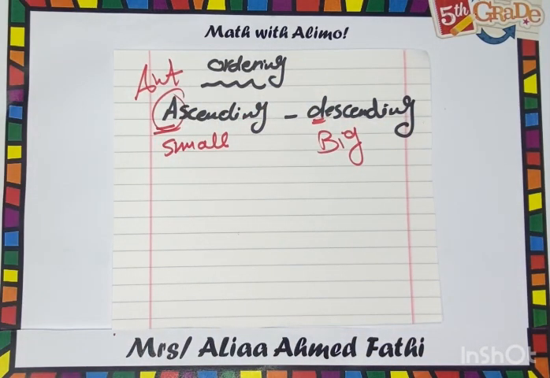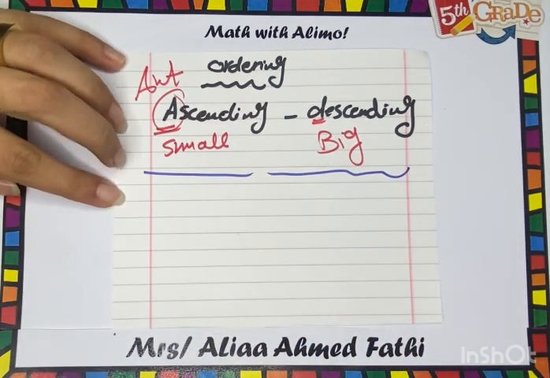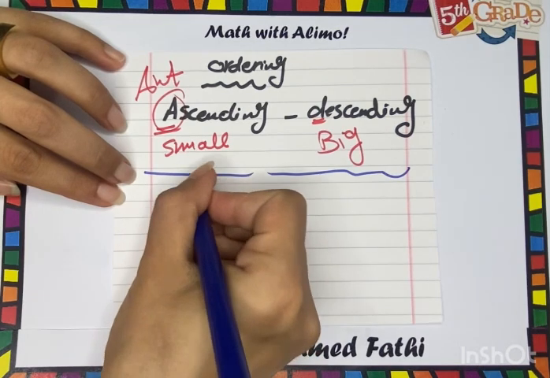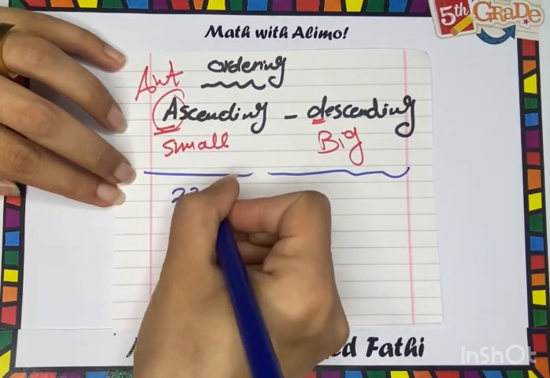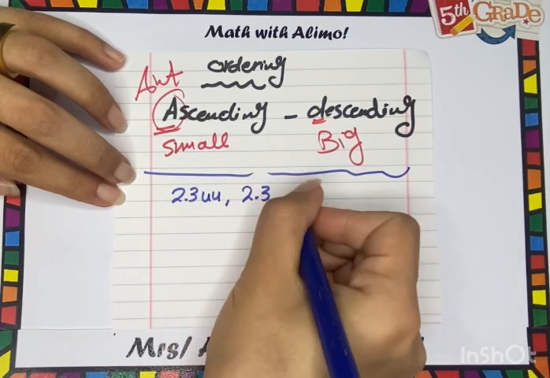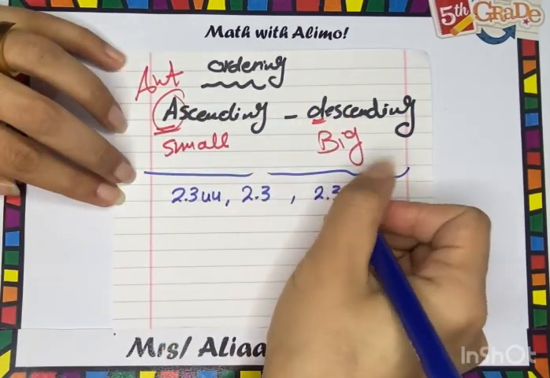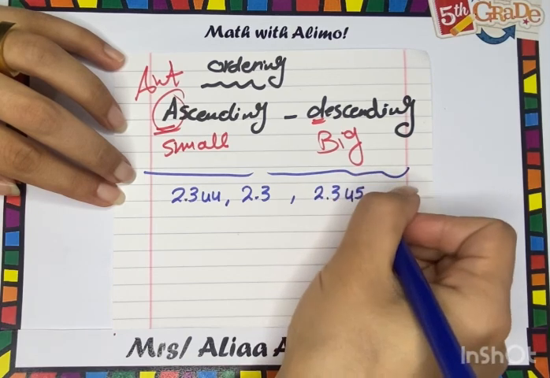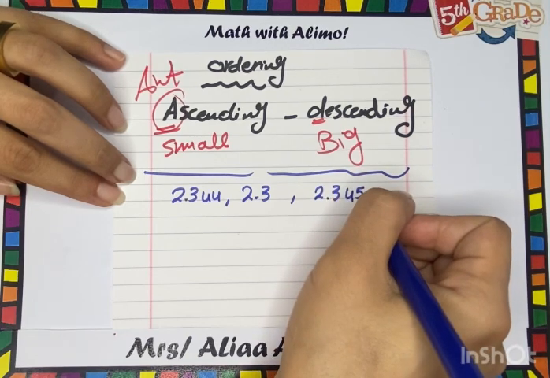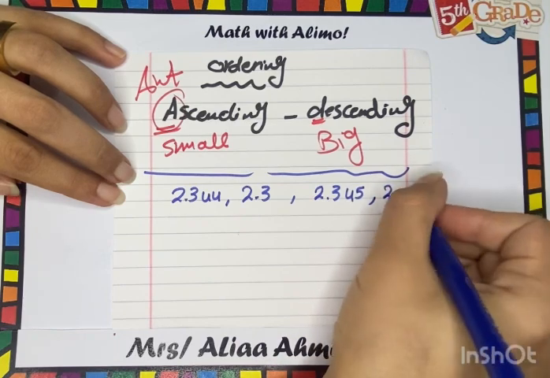So when I give you a group of decimal numbers like 2.344 and 2.3 only and 2.345 and 2.4.